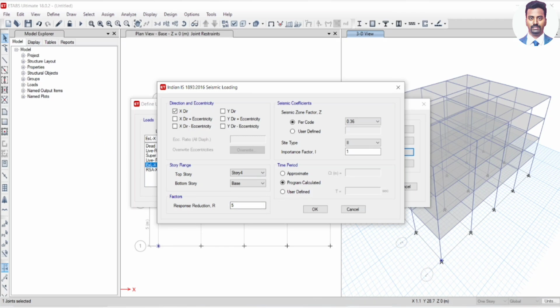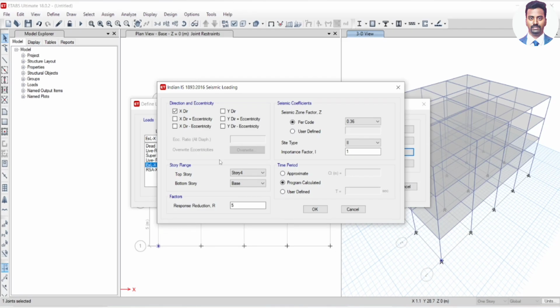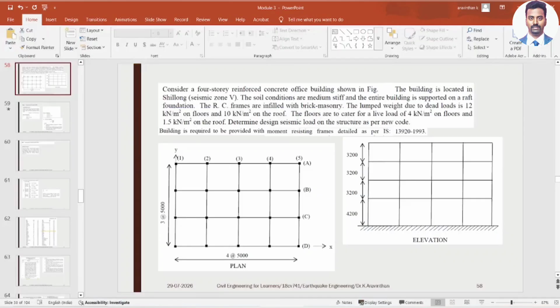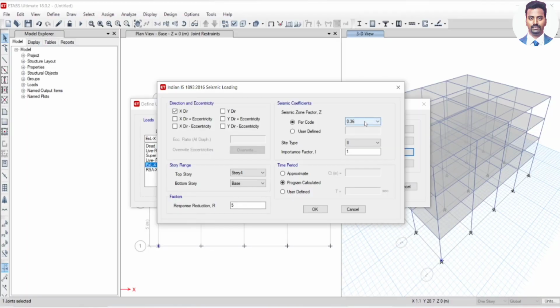Here you can see seismic zone is 5 and we have applied the seismic zone factor. For seismic zone 5 you have Z as 0.36. So 0.36 we have applied. Soil type is type 2.